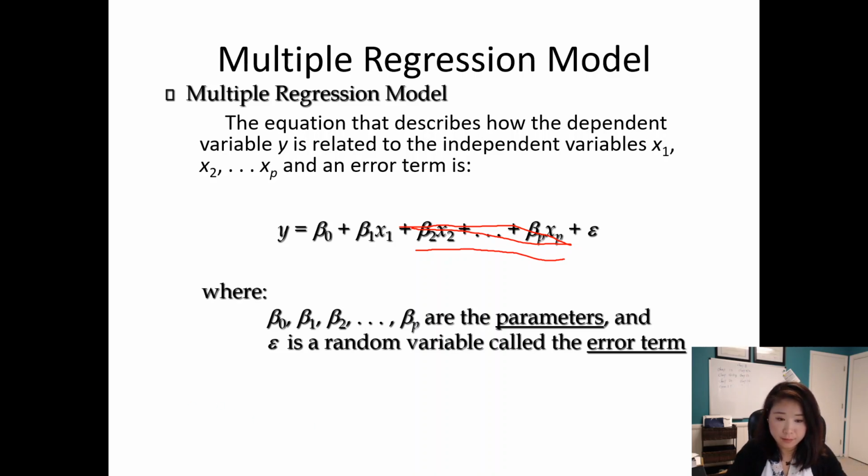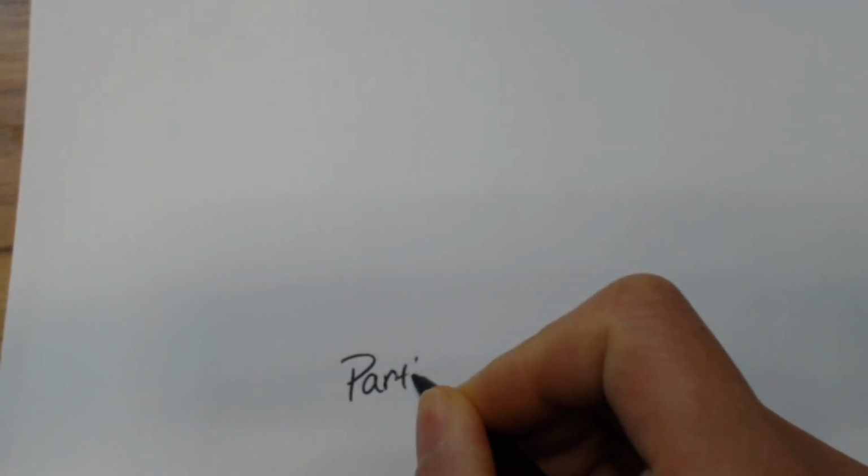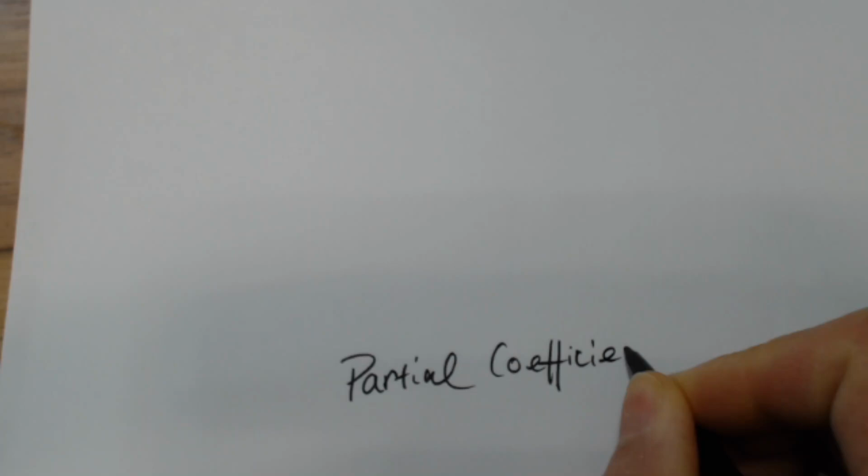Why am I emphasizing this name, partial coefficient? Let me write it down. Partial coefficient. Why can this term be used to distinguish different betas?